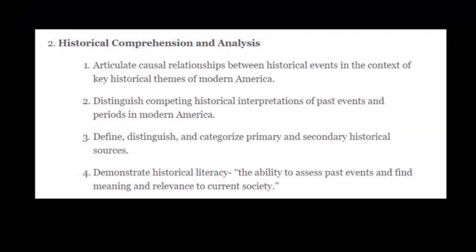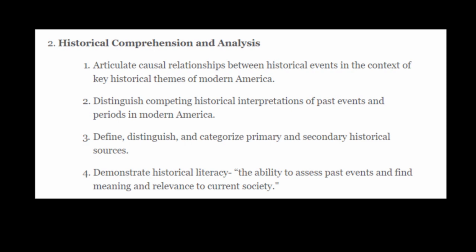So one of the more important course learning objectives for this class has to do with historical comprehension and analysis. And that is, students will need to be throughout the semester sharpening their ability to identify and articulate causal relationships between historical events in the context of those key themes of modern America.